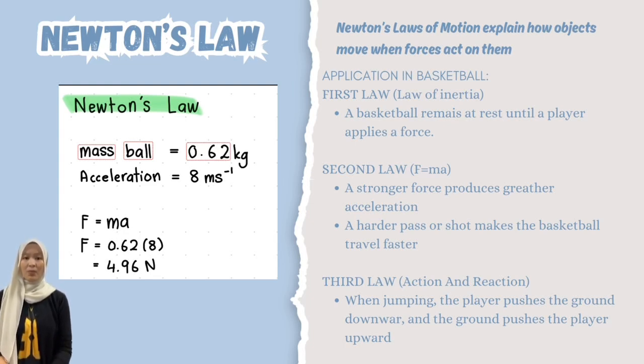F equals 0.62 multiplied by 8. After multiplying the values, we get F equals 4.96 newtons. Therefore, the player applies approximately 4.96 newtons of force to accelerate the basketball during the pass. This shows that a greater force produces a greater acceleration, causing the basketball to move faster.